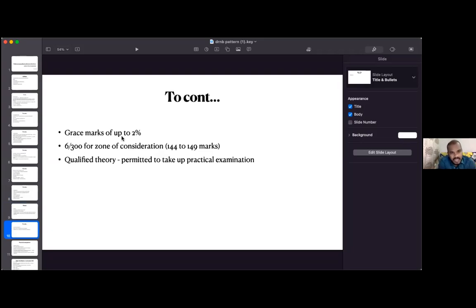So there are no grace marks for practical exams. Coming to the theory examinations, there are grace marks up to 2%. So if by chance you score 144 to 149 out of 300 for theory, they may consider us passing.